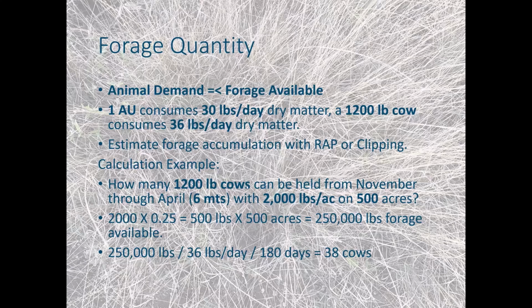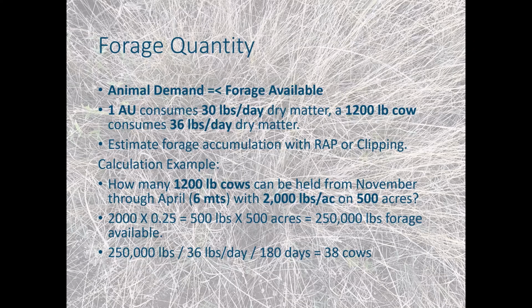So looking at that, diving a little deeper, this time of year we want to make sure our animal demand is going to be less than or equal to our forage available out there on the landscape. So we know that one animal unit, okay, an animal unit is a 1,000-pound cow with or without her calf by her side. She consumes about 30 pounds a day.